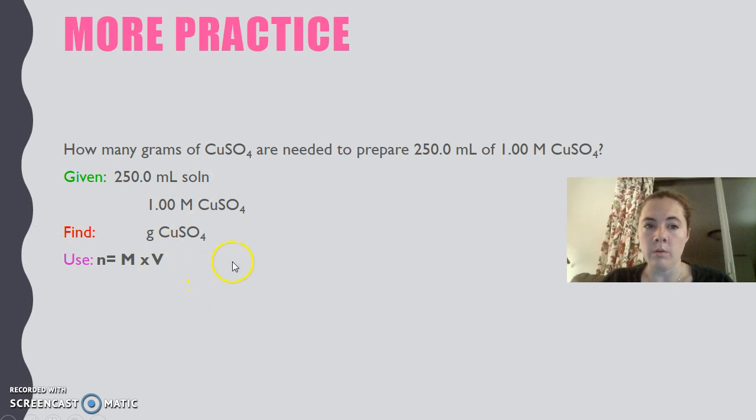Again, change this volume to 0.250 liters, and then you can just do 1 times 0.250. That should give you your number of moles, and then from there, you'll have to convert to grams.